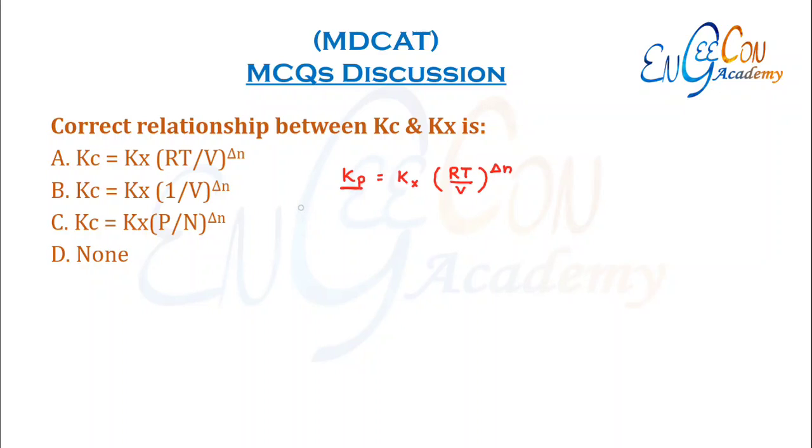So Kp is basically equal to Kc into (RT) raised to delta n. Simplifying it further, we cancel this (RT) delta n with this (RT) delta n. So we get Kc is equal to Kx into 1 divided by volume raised to the power delta n. So B is the correct option.